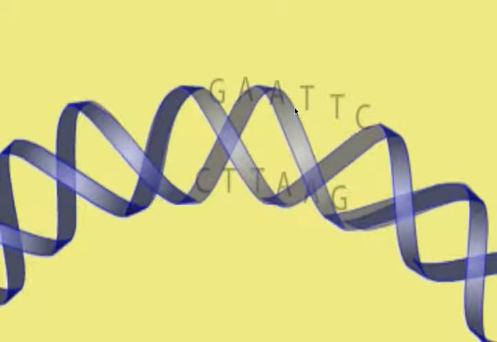So here we are using EcoRI, that is the restriction endonuclease enzyme extracted from the Escherichia coli RY13 strain. Now, as I've told you earlier, this EcoRI enzyme identifies the palindromic sequence GAATTC.